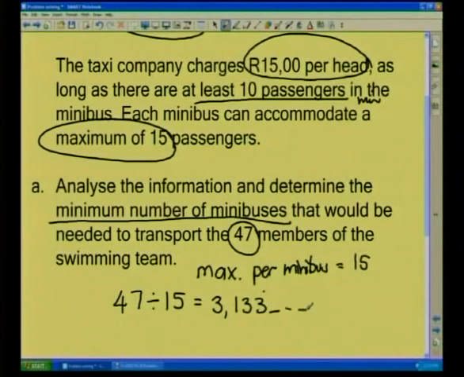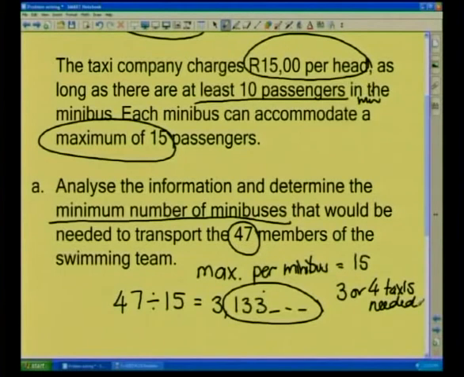recurring, going on. Now, obviously, I can't have point something of a taxi. It has to be a whole number. So it's either going to be 3 or 4 taxis needed. And if I choose 3, I'm going to have a problem where I've got 1 or 2 people that aren't going to fit in.